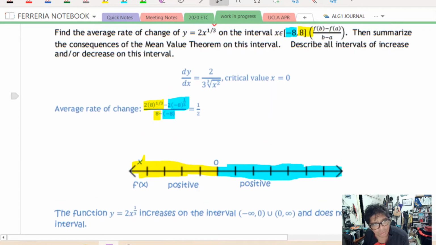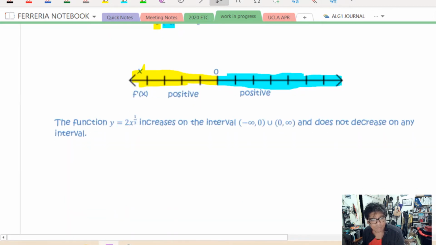At x equals 0, the derivative is undefined. Does that mean that the function's increasing? We really don't have any theorem for that. If the derivative is undefined, then of course it's neither increasing nor decreasing. Same thing if the derivative is equal to 0, then the function is neither increasing nor decreasing. So we have to exclude them anytime we want to write them.